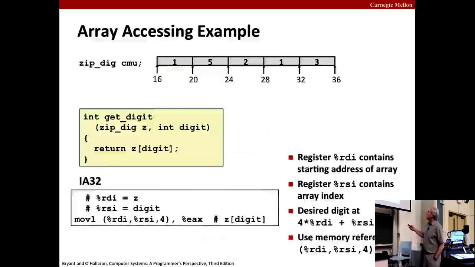So here's some example code to retrieve, for one of these arrays, the element whose index is digit. This gets turned into the following code. Remember the first argument, which will be a pointer, will be passed in register RDI. The second will be an int, passed in register RSI.